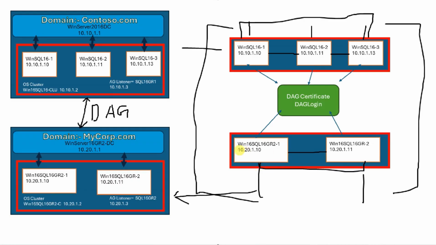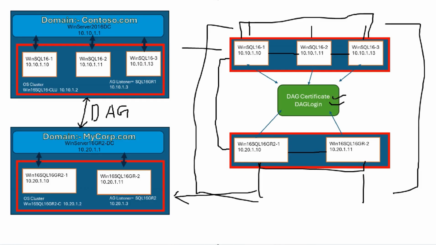Now, in order to make this set of servers communicate with that set of servers, we have to create or use a mechanism that can authenticate on the endpoints for secure communication of the transaction logs. We can do this by creating a certificate and a login, and then altering that endpoint to use that certificate to authenticate. And if that endpoint can authenticate using the certificate, it will allow the connection.